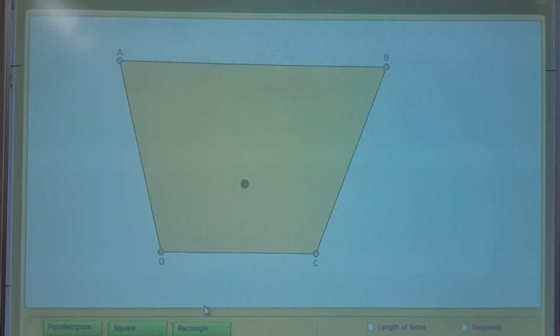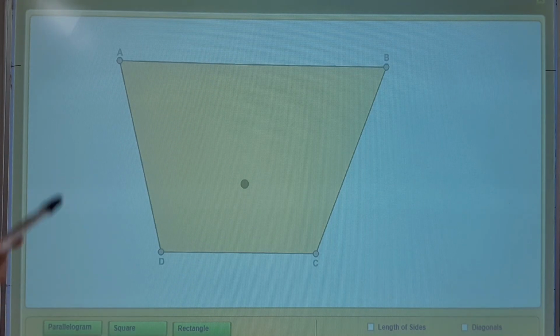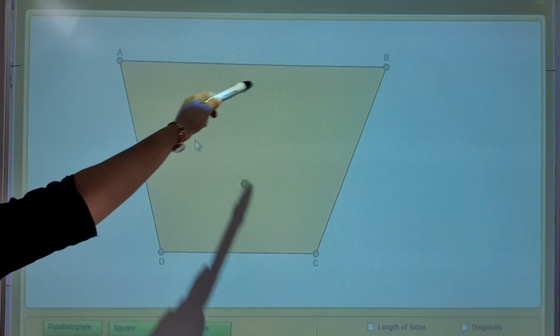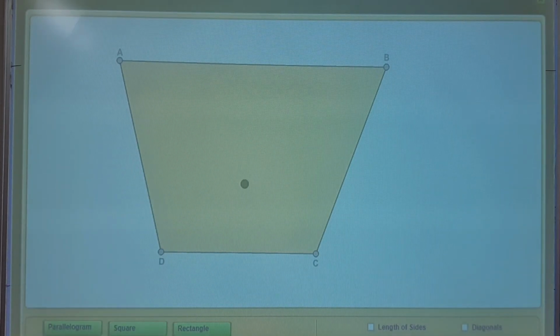This ABCD is a trapezium. Only one pair of opposite sides are parallel. See, only one pair of opposite sides are parallel. What about this side, children? These two, are they parallel? No. Children, why only one pair of opposite sides are parallel here? AB and CD are parallel, because if you extend AB or if you extend CD, you will not get a meeting point, right?